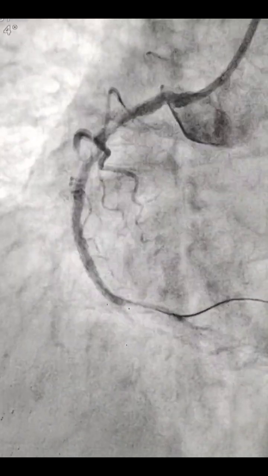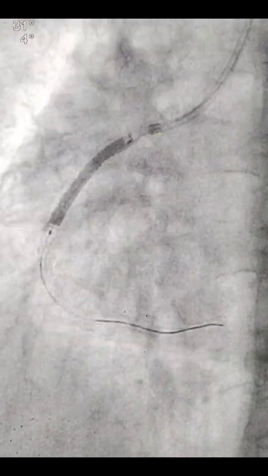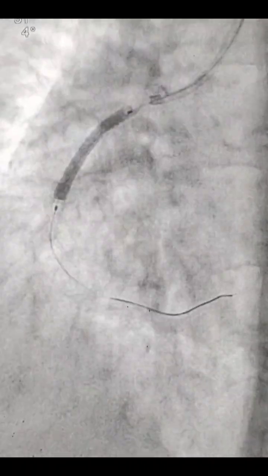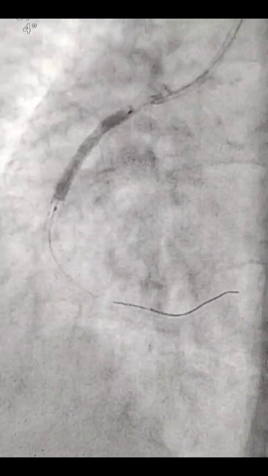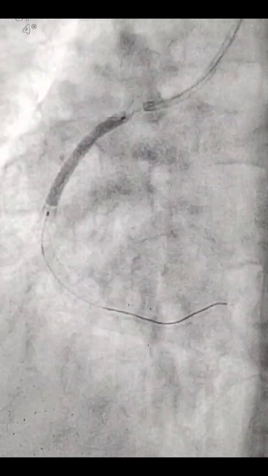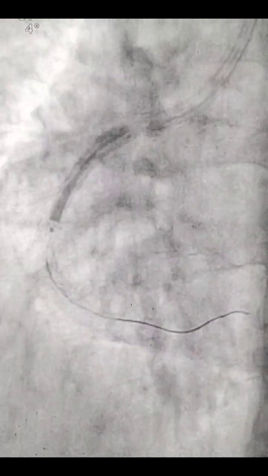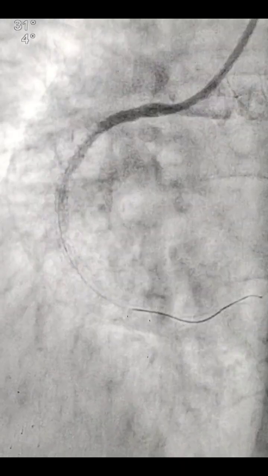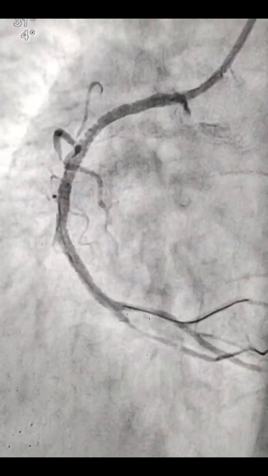with 3.5, and the second stent we deployed at the proximal RCA and overlapped with the earlier stent. The second stent was 3 into 32. Not happy with the result, so I did the post dilatation with 3.5.